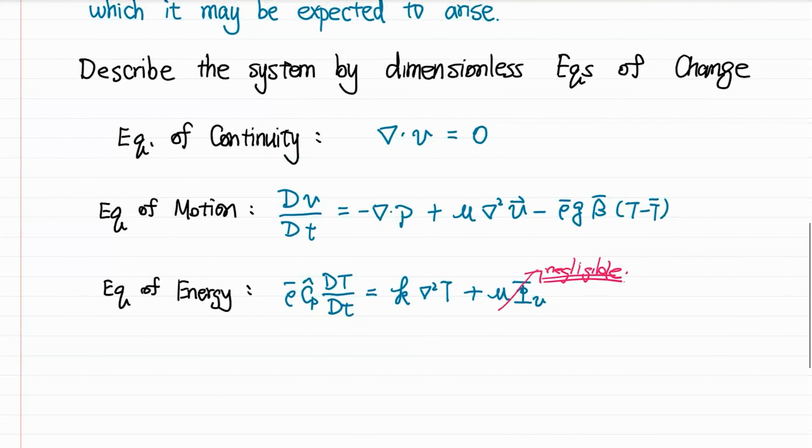So remember, for free convection, the key here is to determine the characteristic velocity.